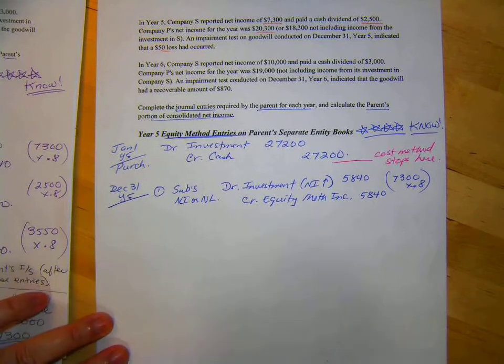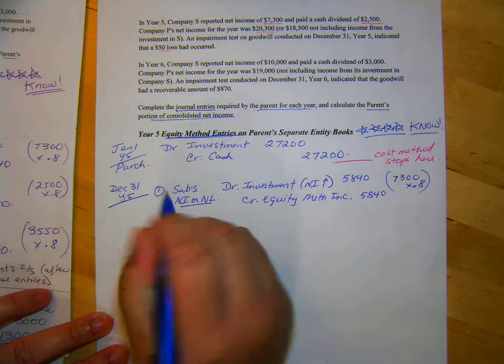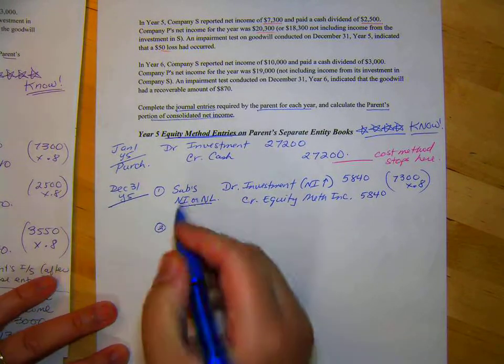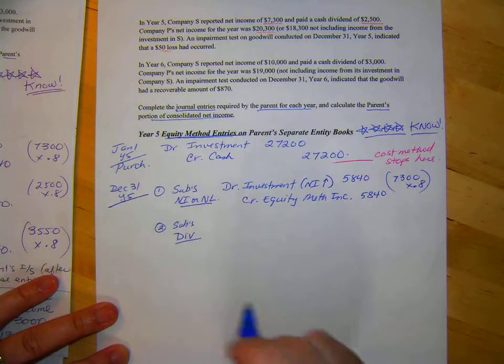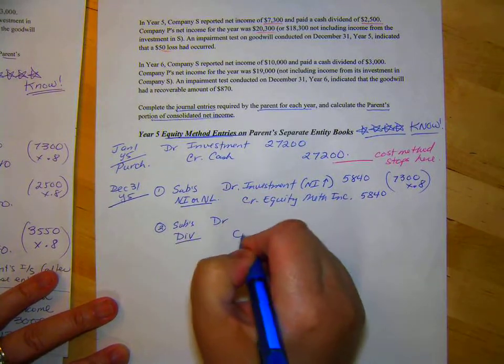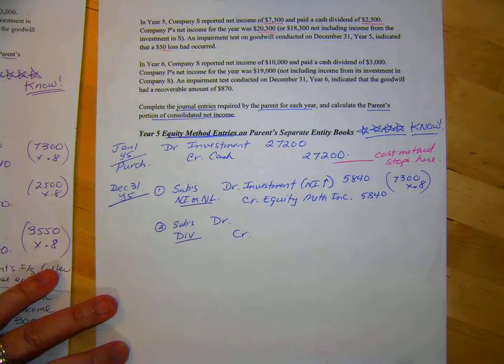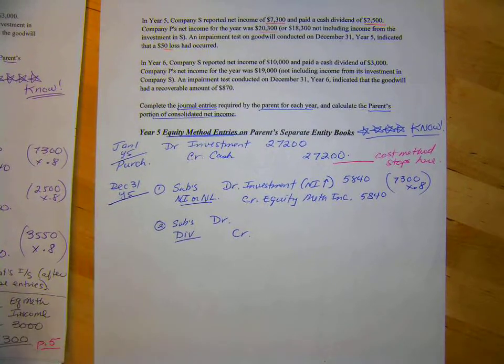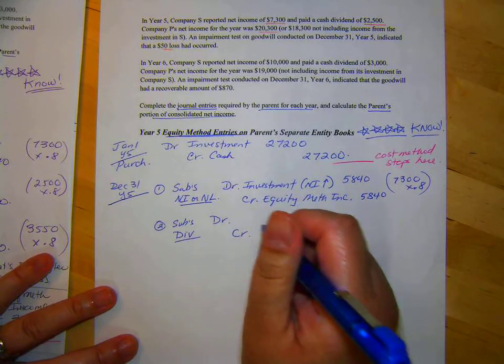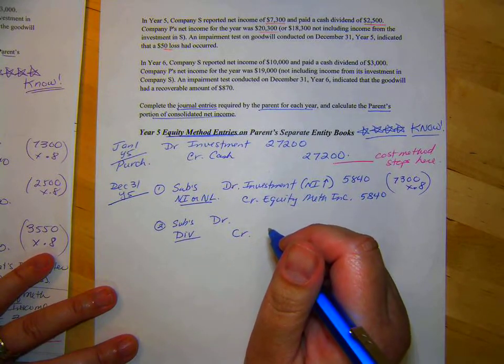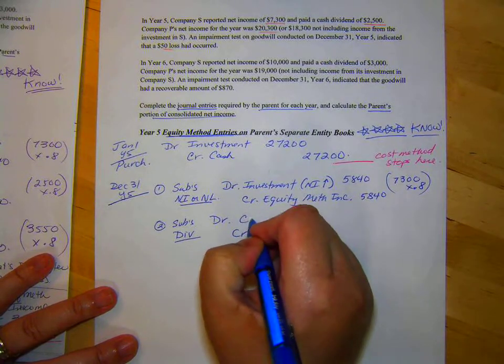Now, besides net income, what's the other thing we did in chapter 2? Dividends. Sub's dividends. So what's physically happening? They're either paying dividends or they've declared, in which case it's a receivable. In this case, they paid a cash dividend, so we get cash.